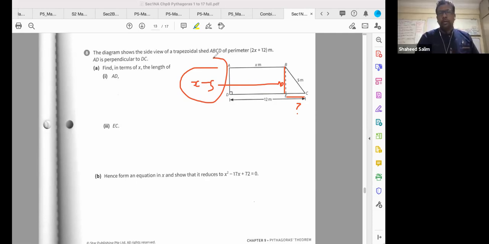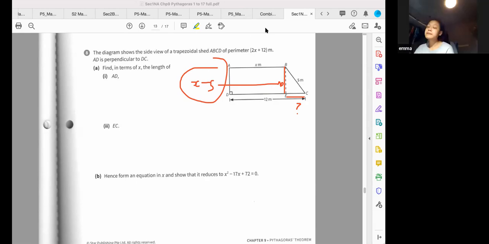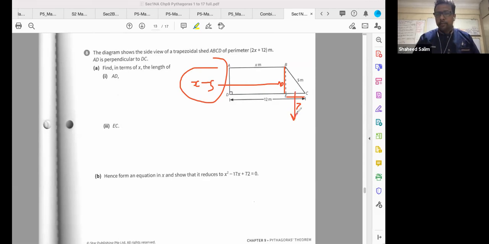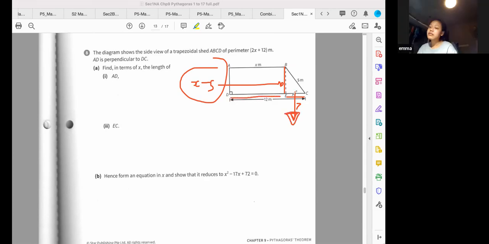Oh, no, sorry. Don't do that way. Sorry, Emma. There's a much easier way of doing it. I'm so sorry. Okay, this one is 12, this one is X. How much is this one? My bad. The whole thing is 12.